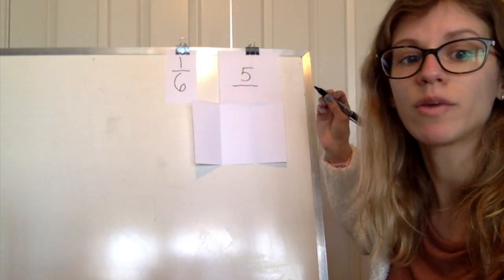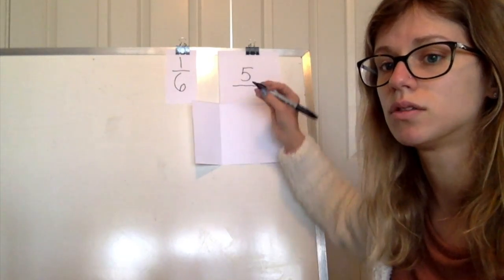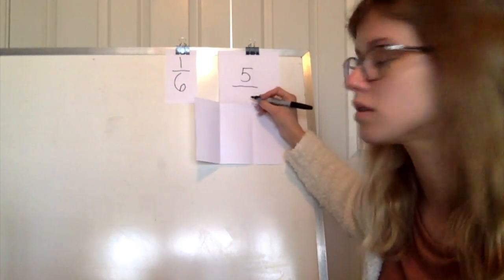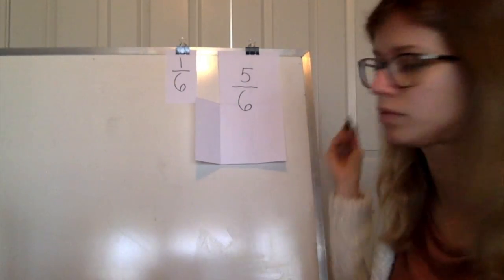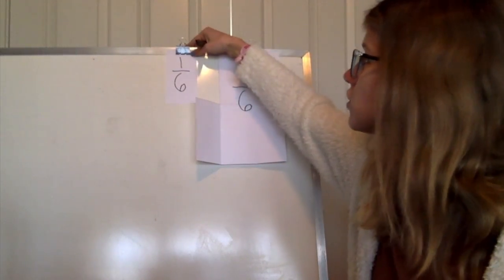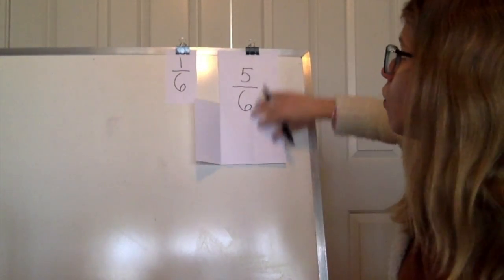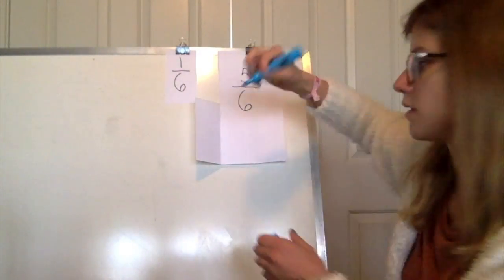And how many made up my whole originally? How many pieces? 6. So this piece is 1/6, and this rest of the sheet of paper is 5/6.